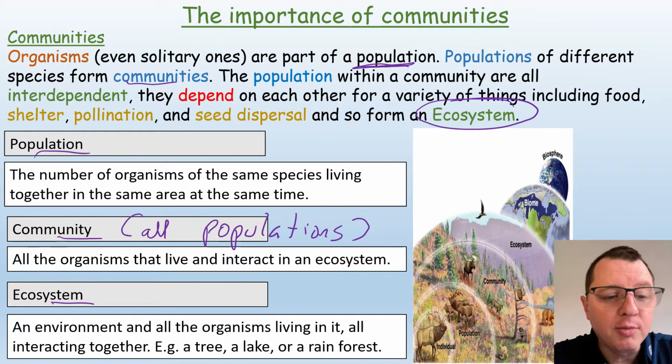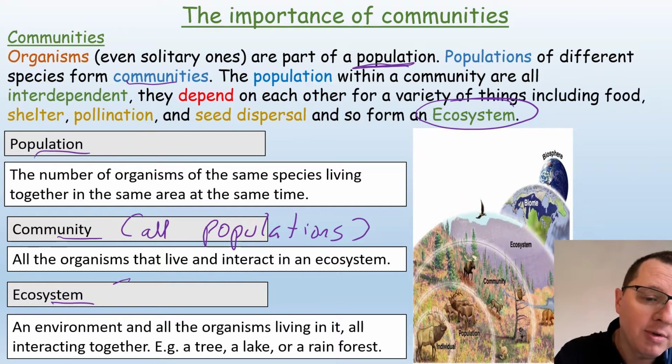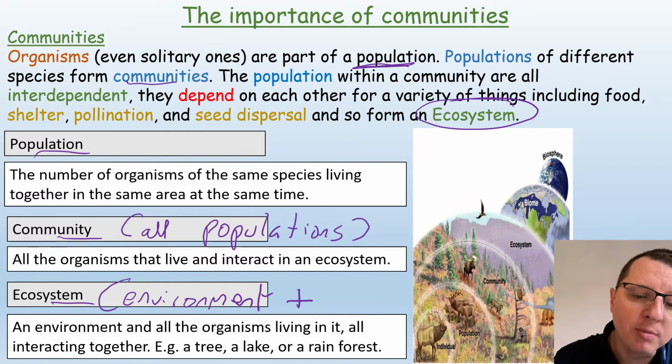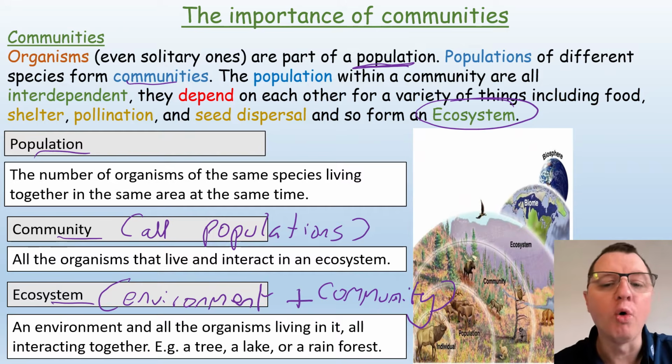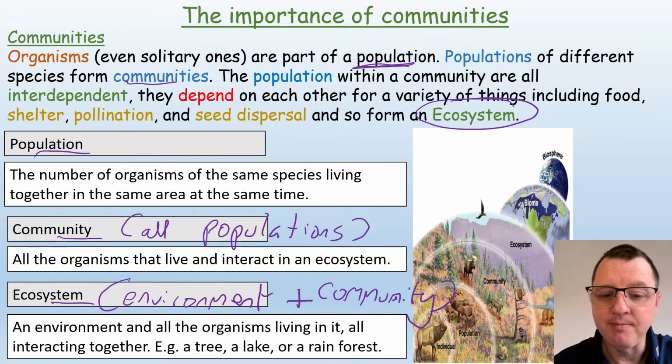And the ecosystem itself is an environment and all the organisms living in it, all interacting together, like a tree or a lake or a rainforest. So an ecosystem is in effect the environment and the community, all of them working together.